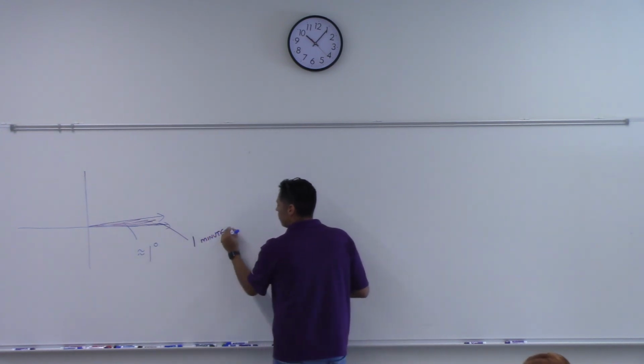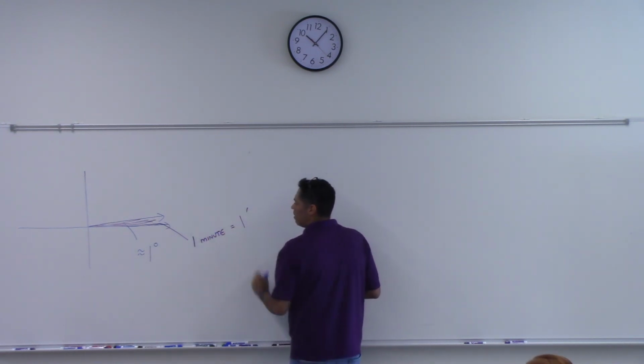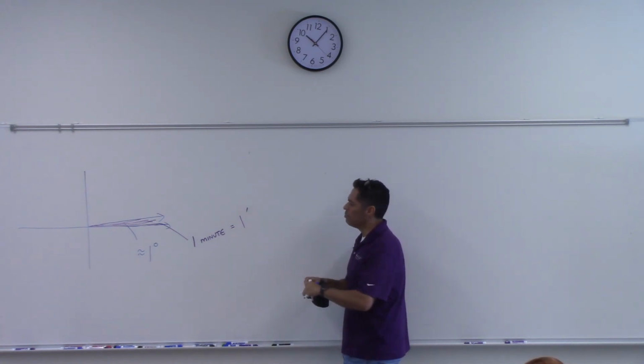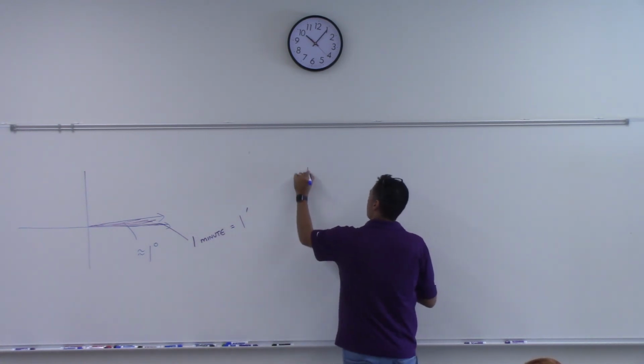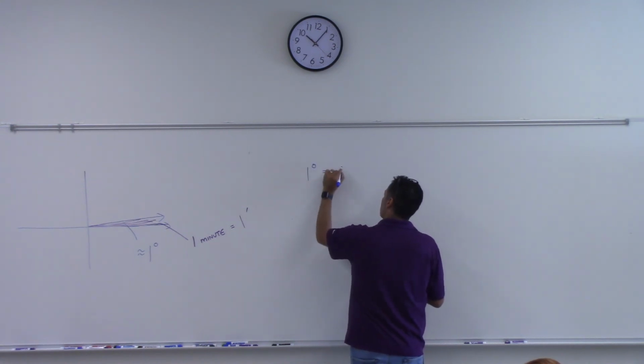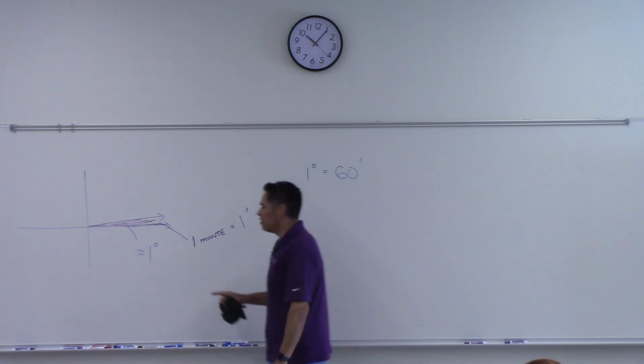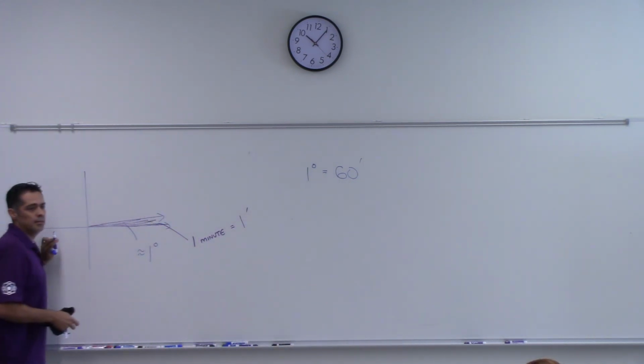The way we write it is 1 with a little prime mark on it. So the relationship is that 1 degree is equal to 60 minutes. There are 60 minutes in 1 degree.